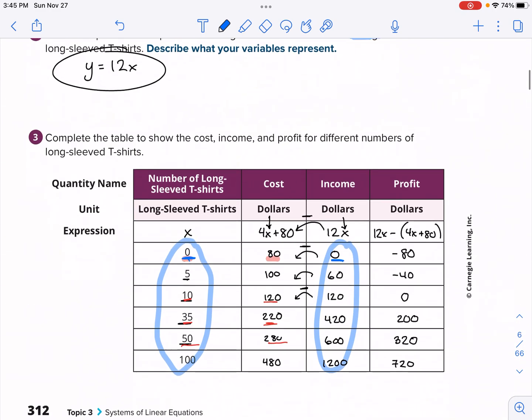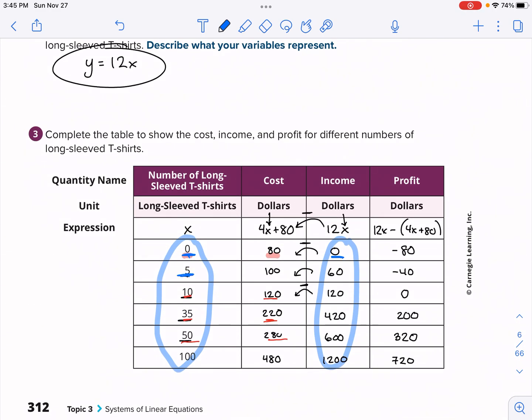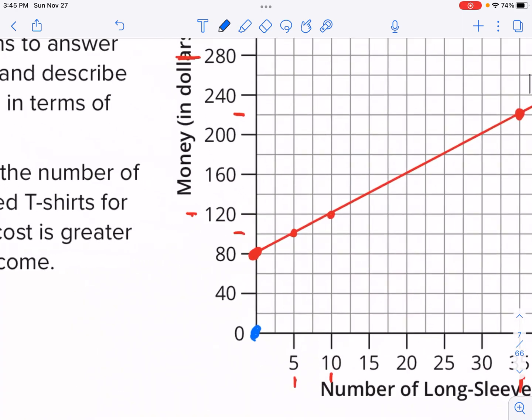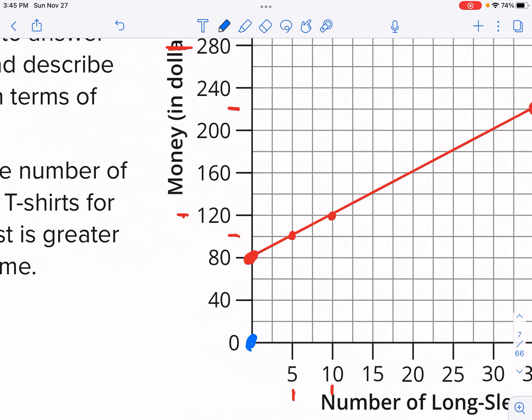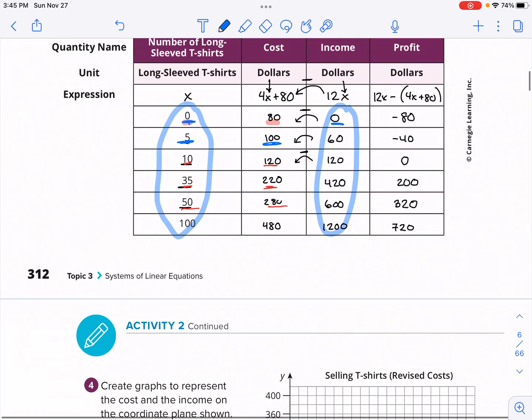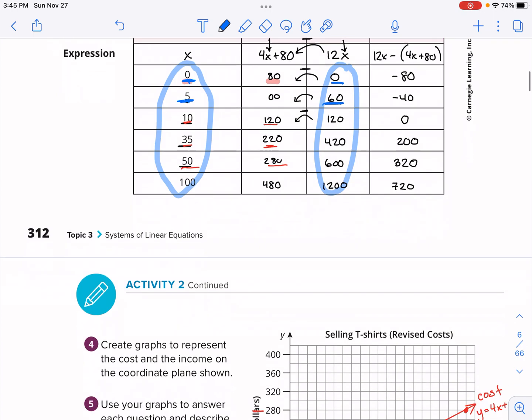All right, next one is 5 and 60. Okay, let's see where 60 is. Oh, whoops, not that one. I'm on the wrong one. This is 5, 60.